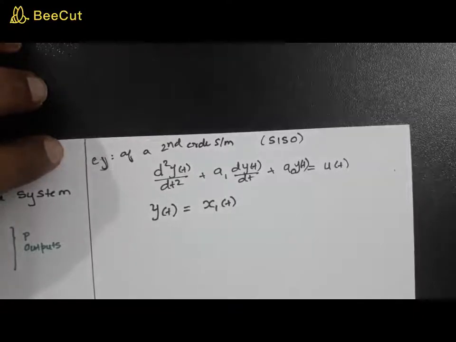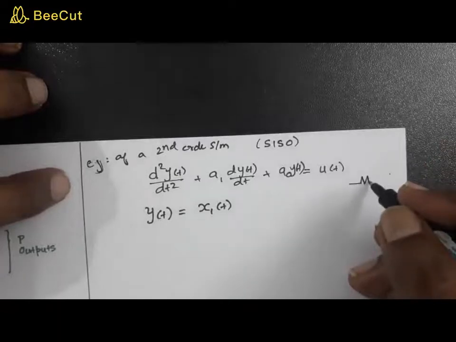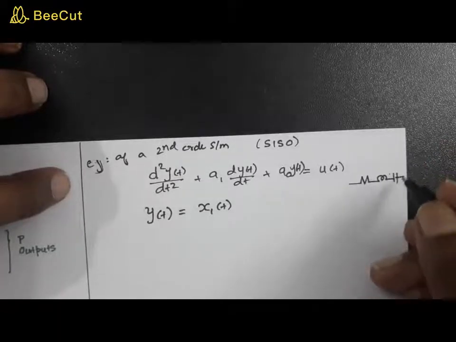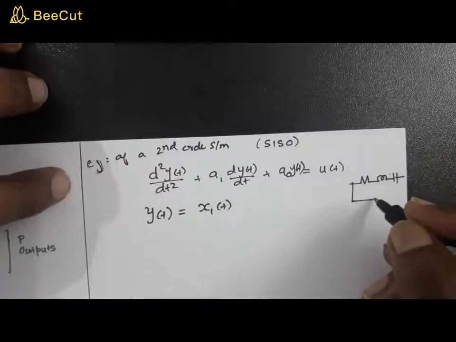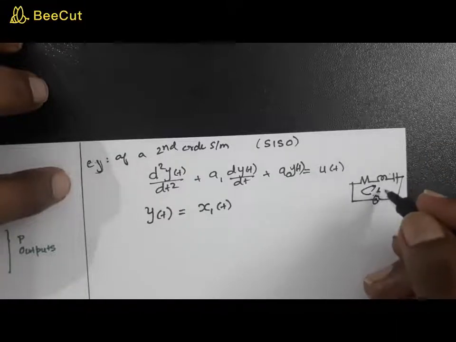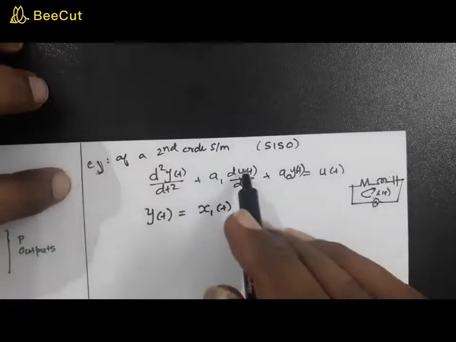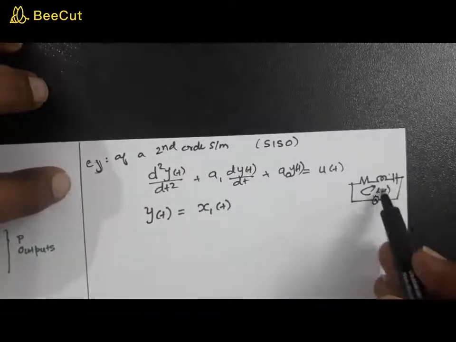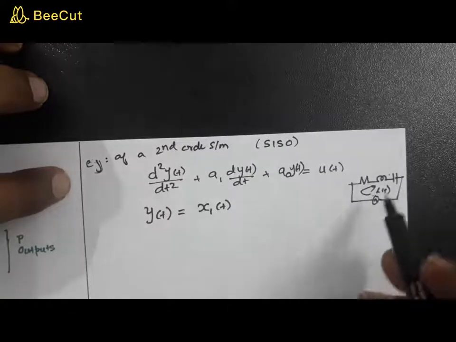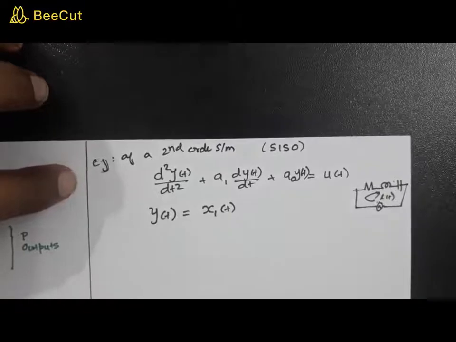For example, in an RLC circuit, if you give a voltage, there will be a current I of t. This I of t is actually the response due to this input. So you can call y of t as x1 of t.